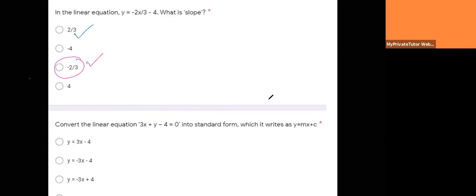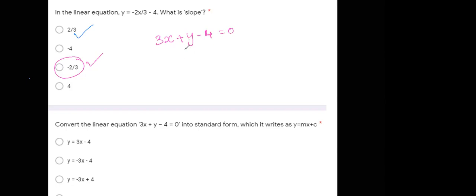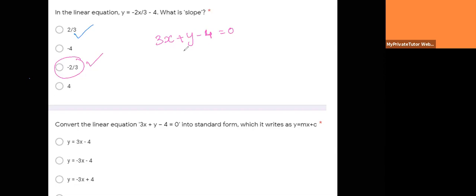Arfan and Joseph, please try that. The equation is 3x plus y minus 4 equals 0, guys. We need to convert this into slope-intercept form. Sir, we can't see the fourth option. But that's fine. Can't do anything, guys.